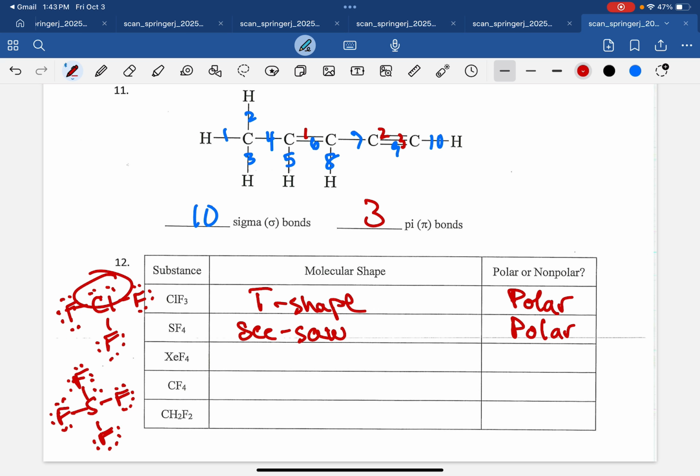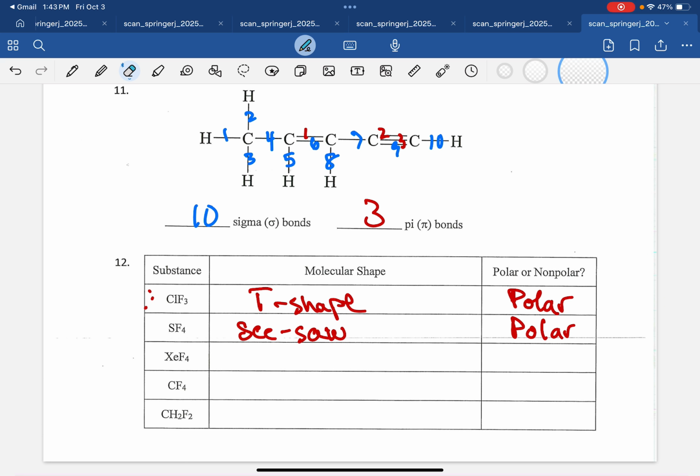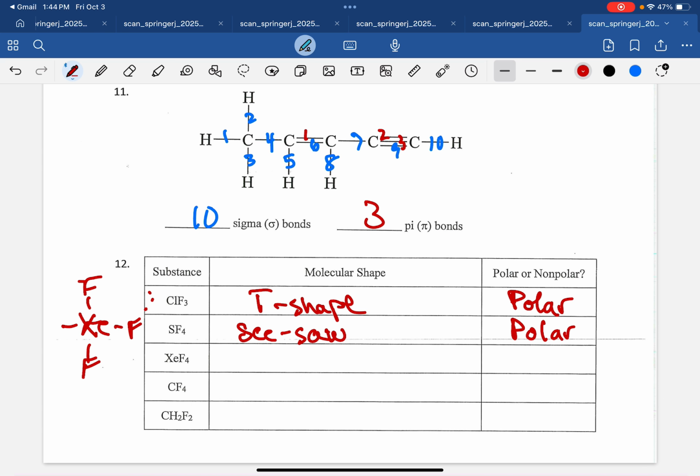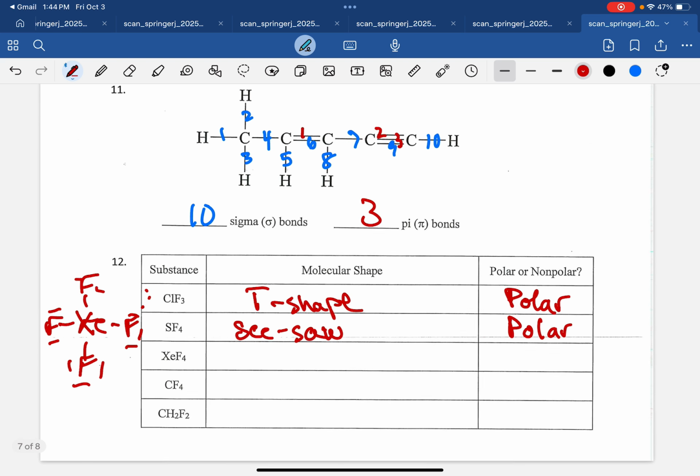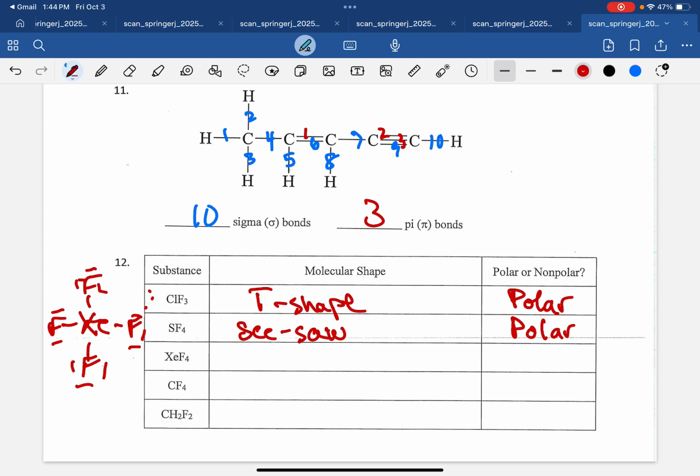The XeF4, also one we've seen in the past. It should have 36 valence electrons. If we use all 8 on each fluorine, that's 8 times 4, 32.